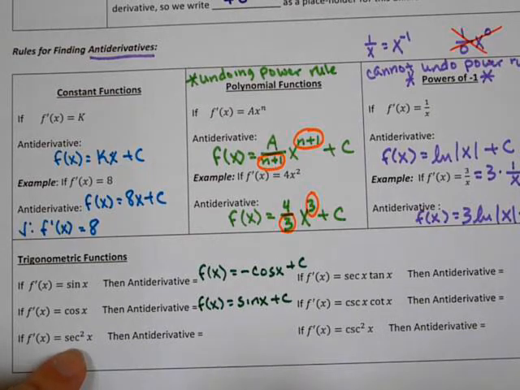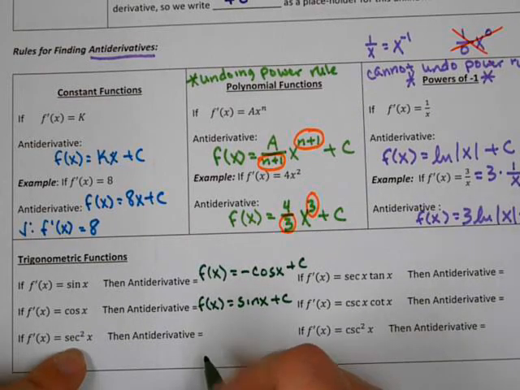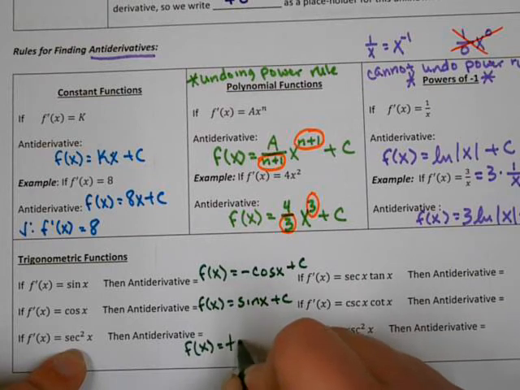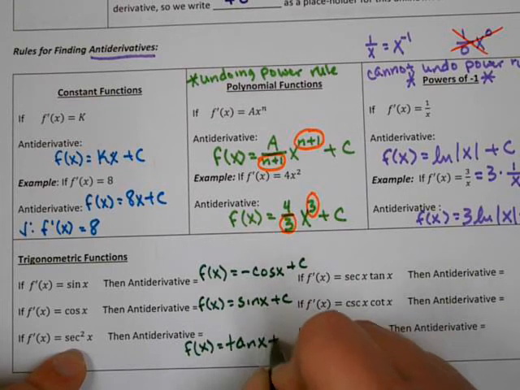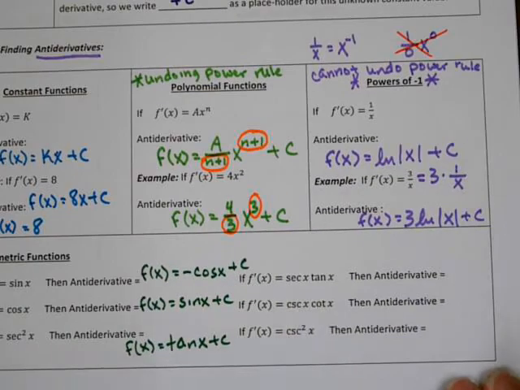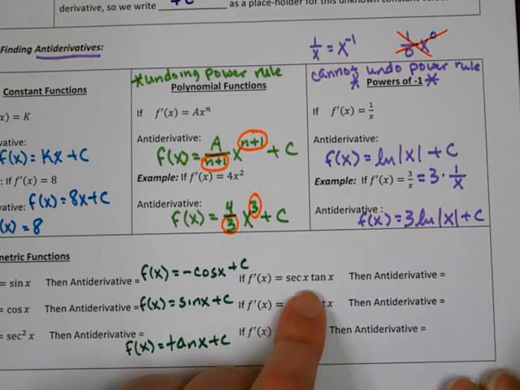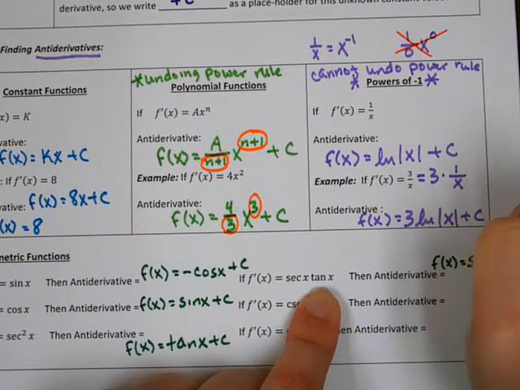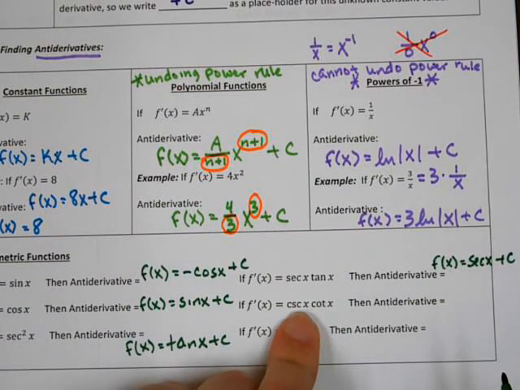We know that if we want the derivative to be secant squared, then the original function must be tangent of x. Secant times tangent, hopefully you recognize that as secant of x plus c. And then we need to be careful here, cosecant of x times cotangent of x.